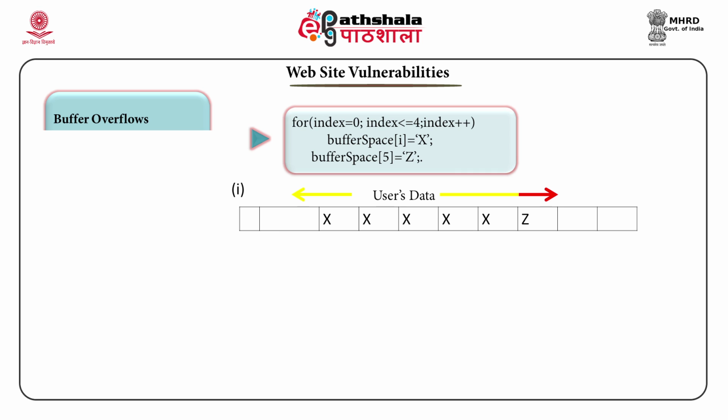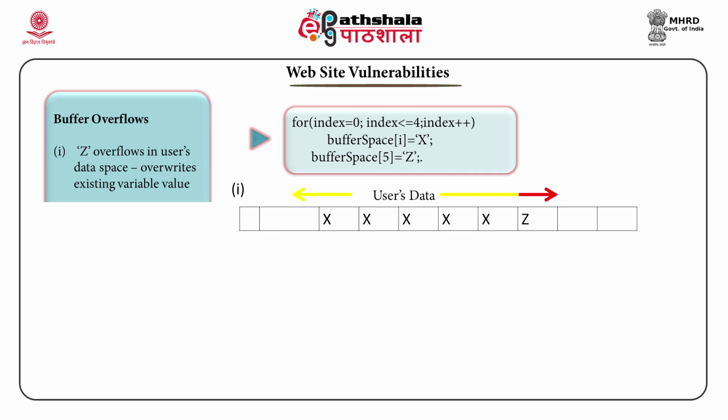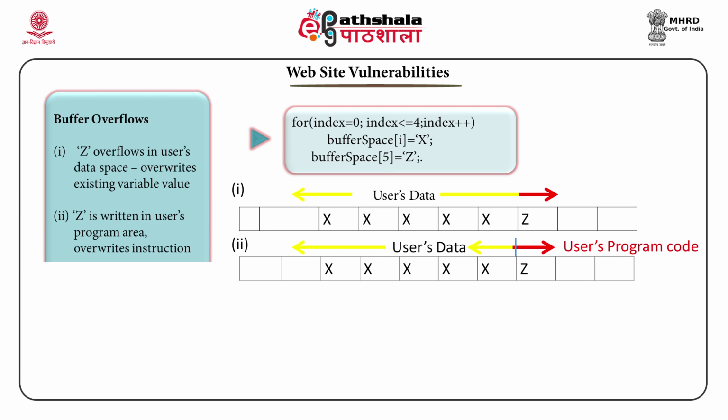When we try to write at position 5, it may interfere with the user's data. If it affects the user's data, the data would be changed. In the second case, it may write into the user's program code. So Z is written in the user's program code area, and that would change the instructions which the user has written.